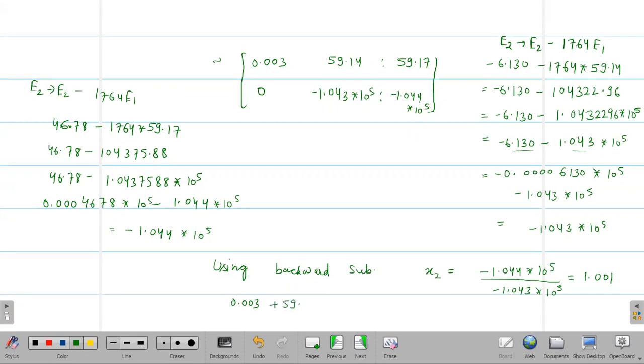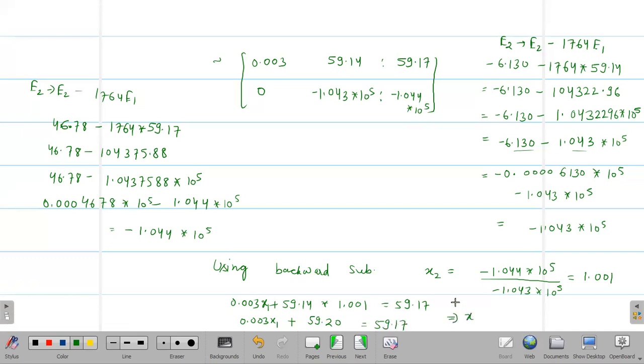But here you can see 0.003 x1 plus 59.14 into 1.001 is equal to 59.17. So what are you getting? Sorry, it will be x1. In the multiplication, if you multiply these two, it will be 59.20, and the right side is 59.17.